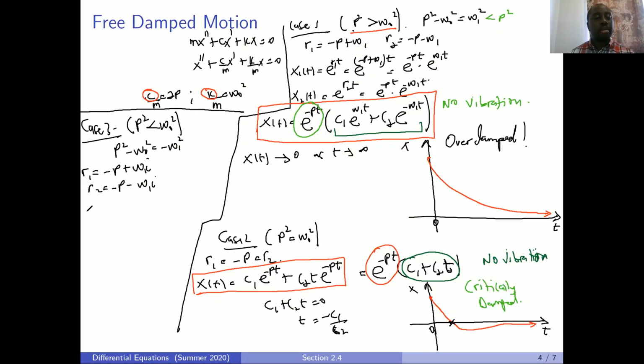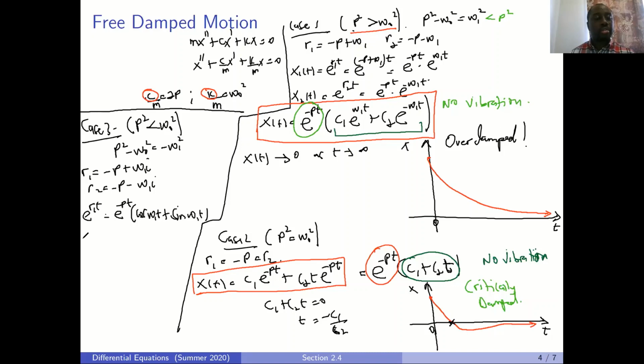And so my general solution, it's just one of my linearly independent solutions, e to the R1t, becomes e to the minus pt cosine of W1t plus sine W1t.